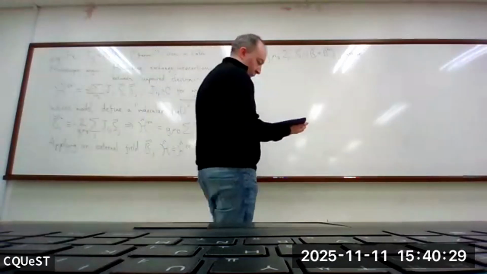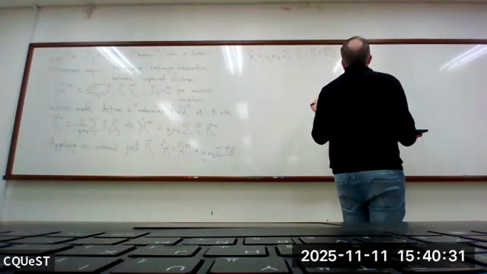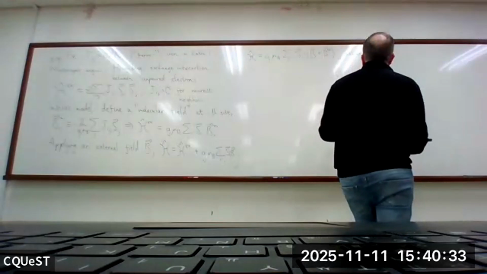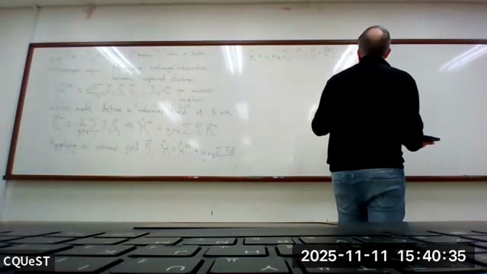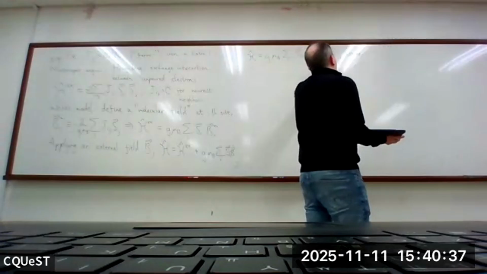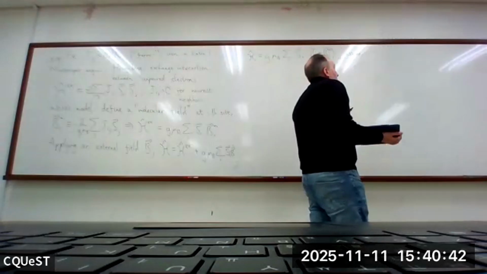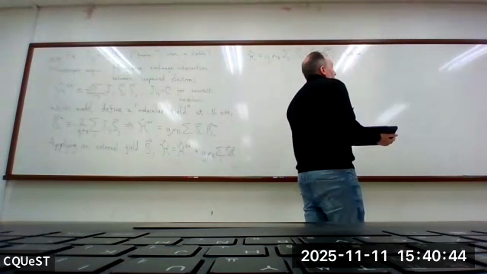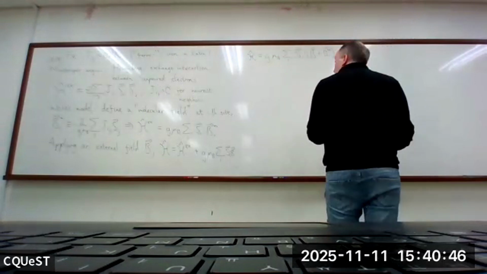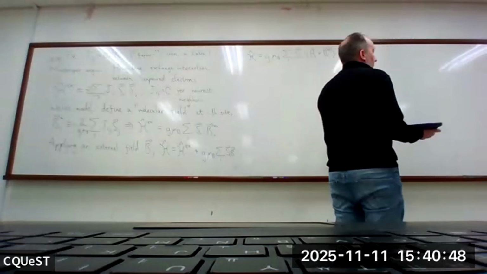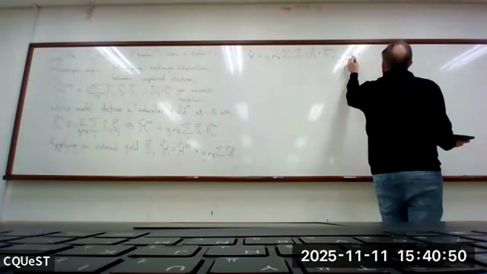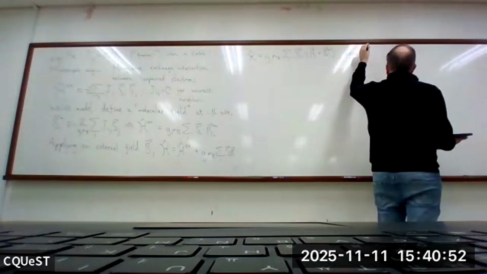Okay. So to make progress, we want to assume that this molecular field, this effective construction, should be proportional to the magnetization, or the average magnetic moment in the solid.